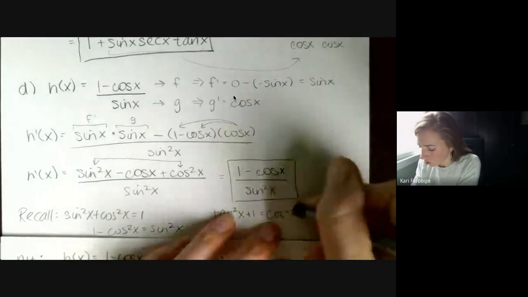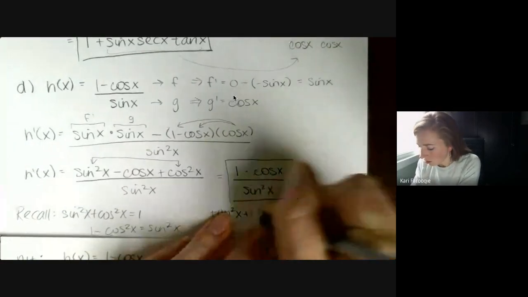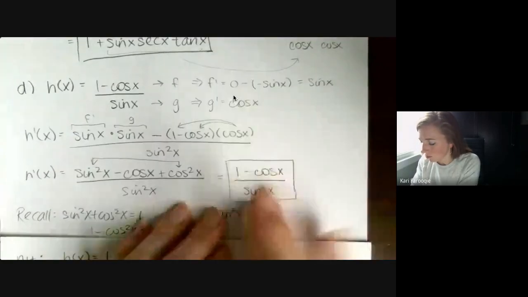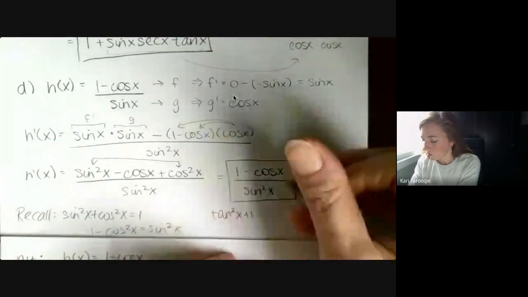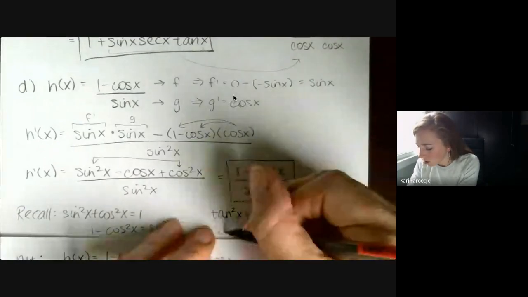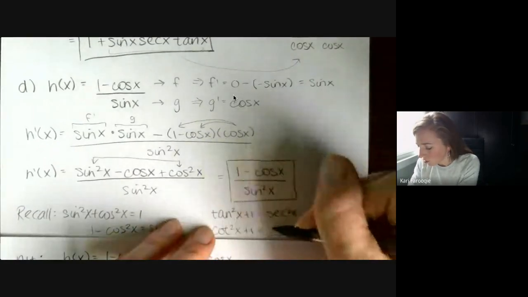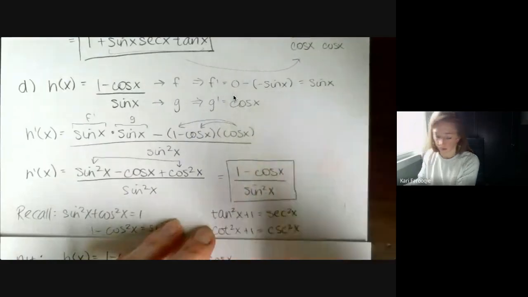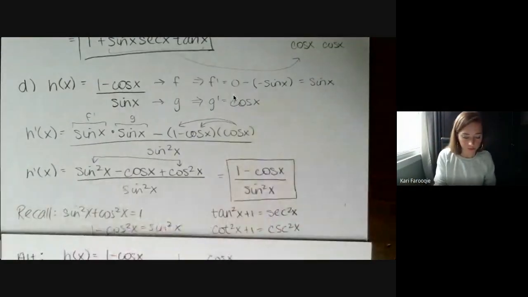Sorry, the tangent and the secant. Tan squared x plus 1 is secant squared x. And then the cotangent squared x plus 1 is the cosecant squared of x. That's right. So those are in a slightly different form.